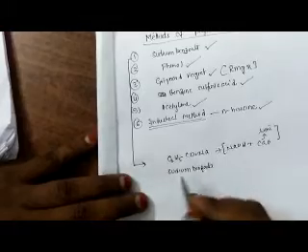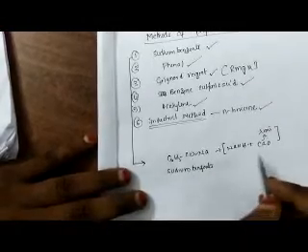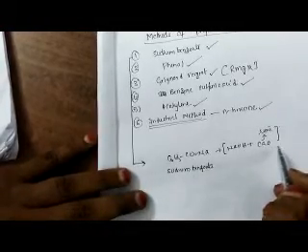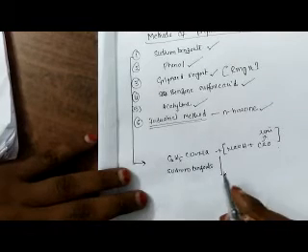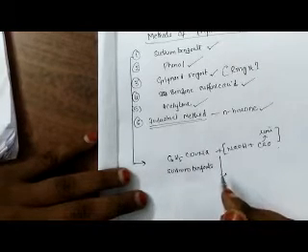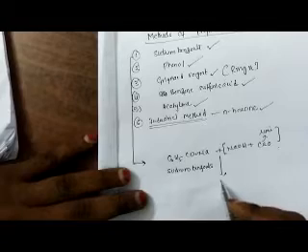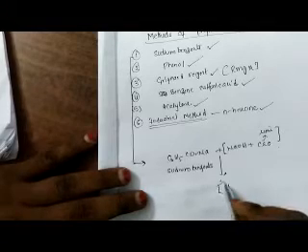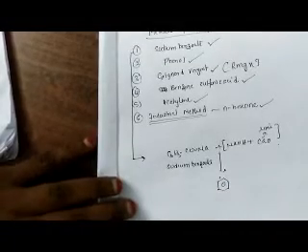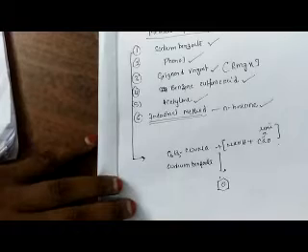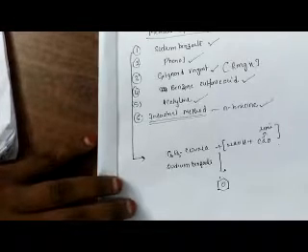When you treat the sodium benzoate with NaOH and calcium oxide mixture, we will get benzene.